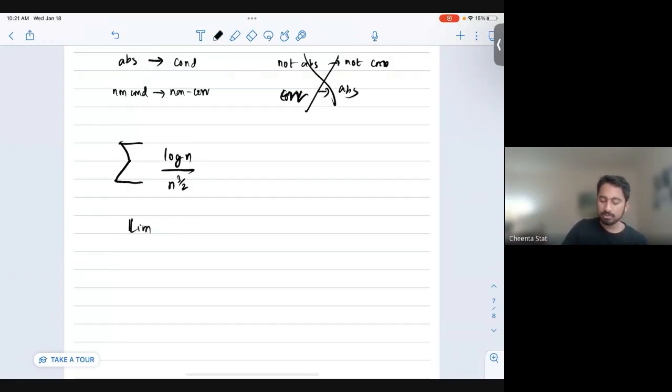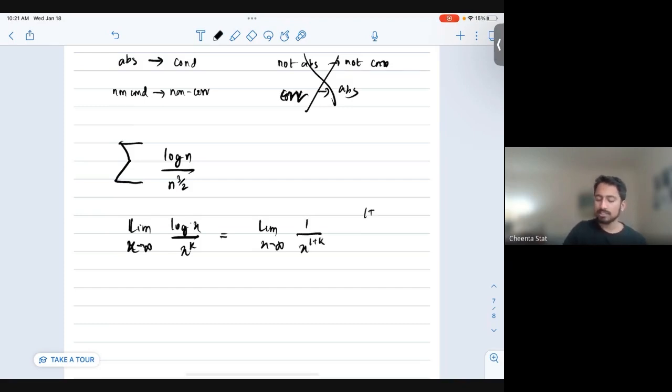If you remember this limit, n tends to infinity, log n by n to the power k, for any k, or log x by x to the power k. If you do it by L'Hopital, you will get one by x to the power 1 plus k.